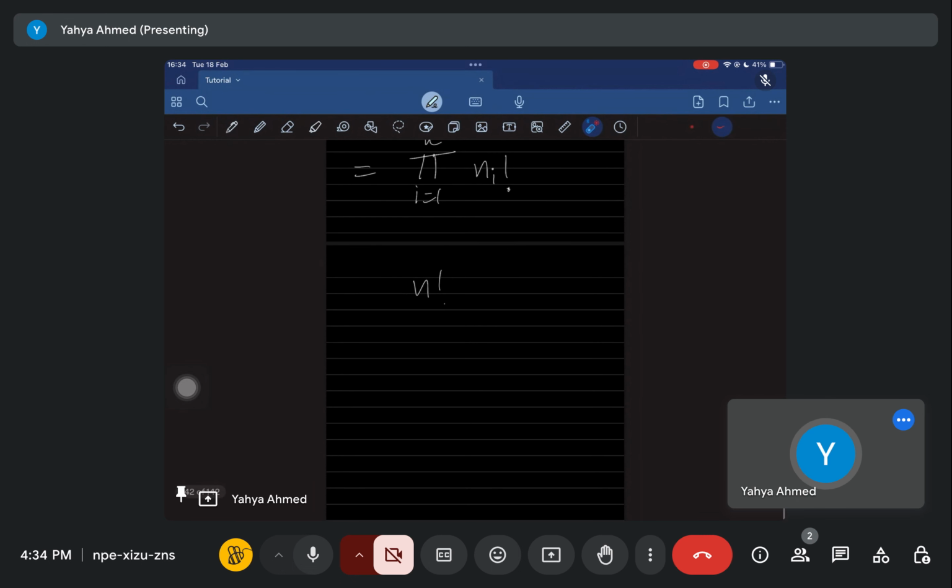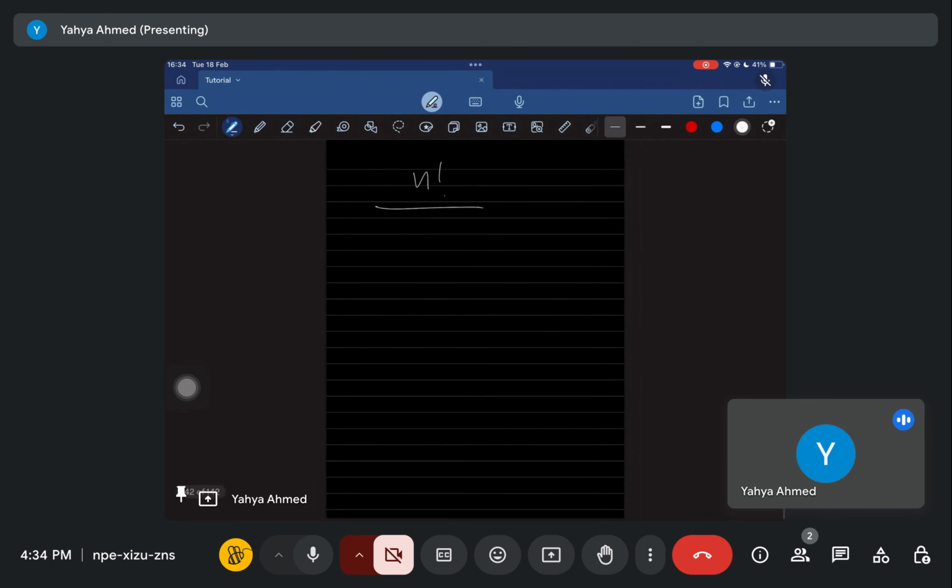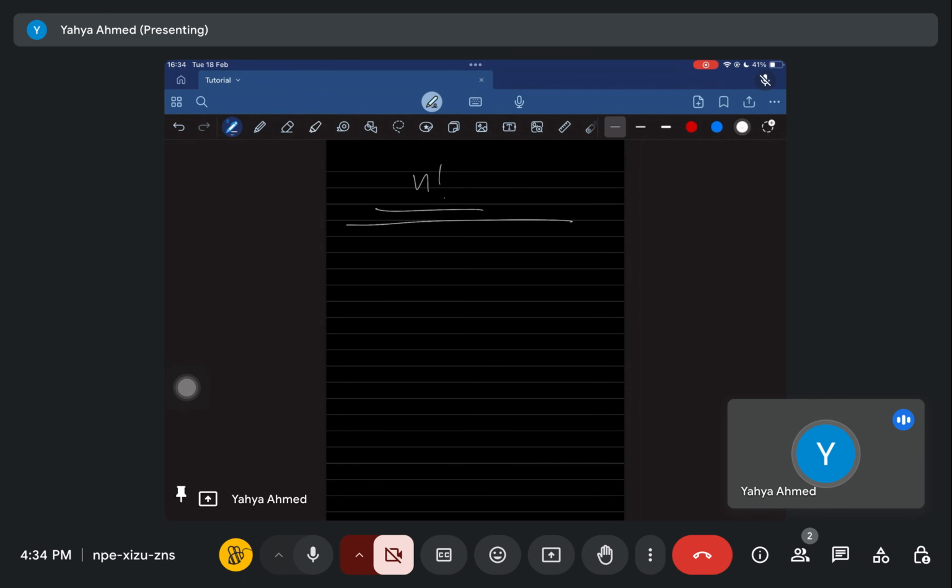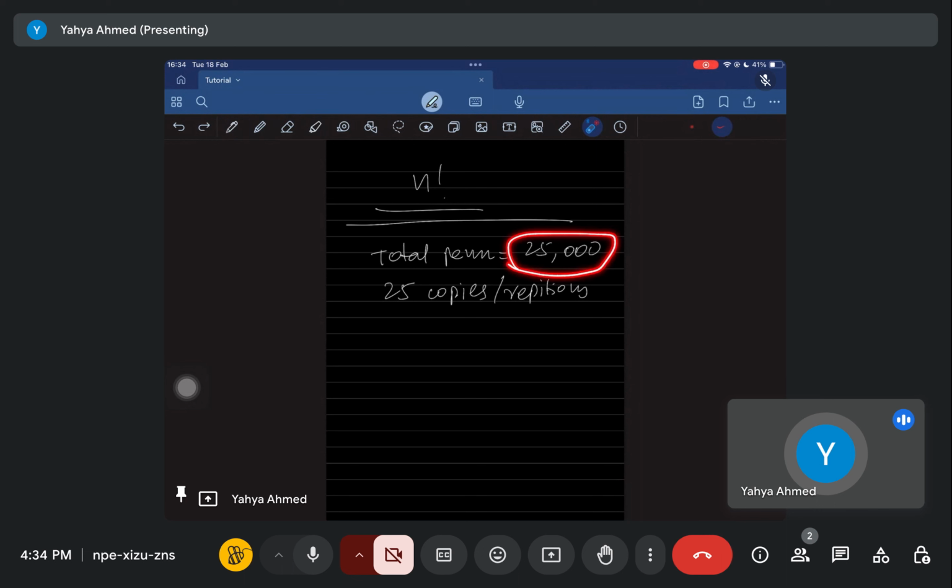Now suppose we set n factorial aside. Let's say the total permutations is 25,000, and there are exactly 25 copies or repetitions of any given array, because there are copies of them. This is an imaginary value.